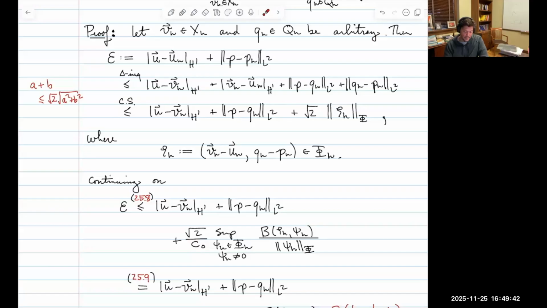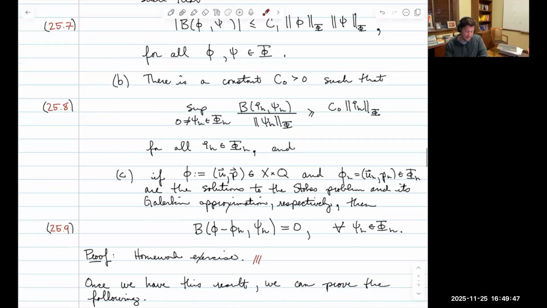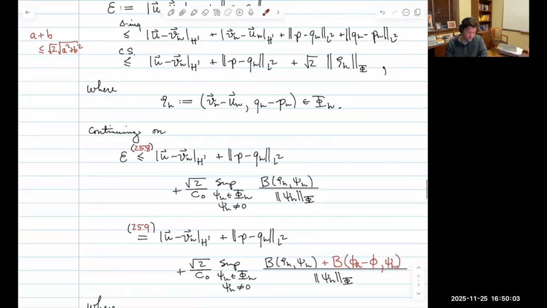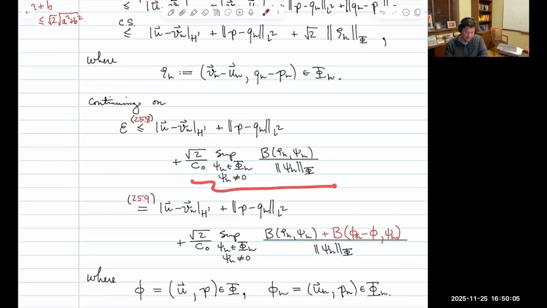If you go back and look at it, well, let's do actually that. So there's that C0. I'm just taking that C0 and bringing it over here by dividing both sides. And I'm trying to estimate this object by this supremum. Okay, so that's what I've done here. I'm estimating this object by that supremum.